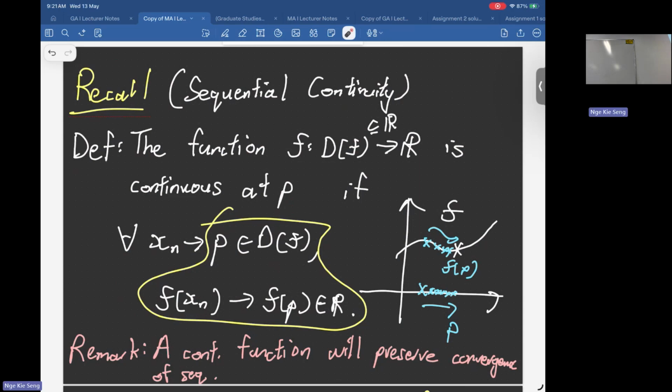So we already fixed a P there. When I say continuous at P, that's a point in the domain.